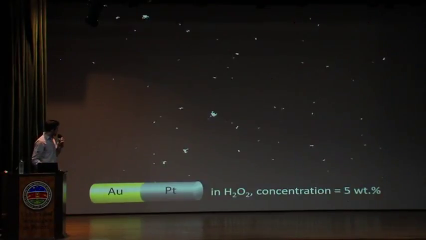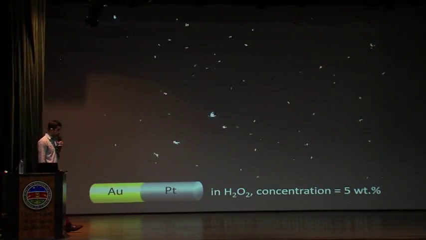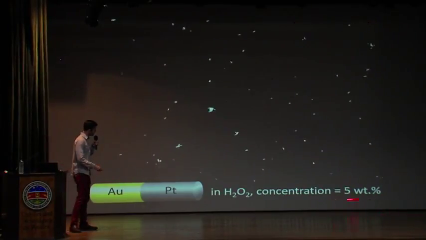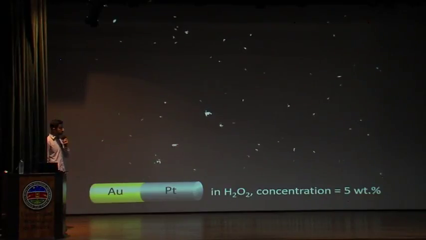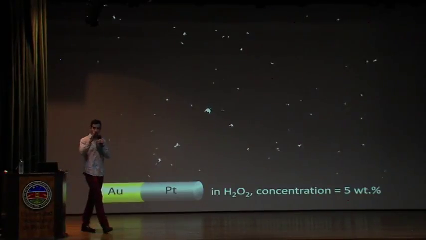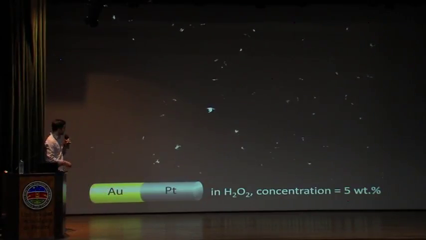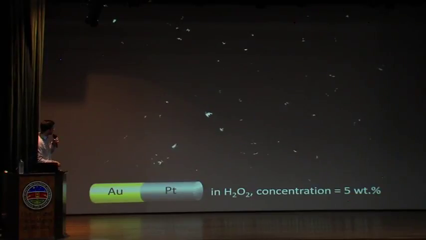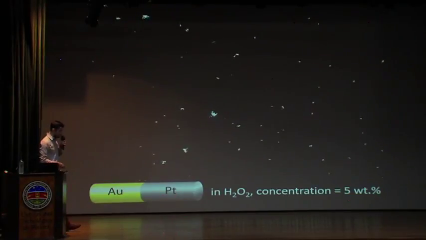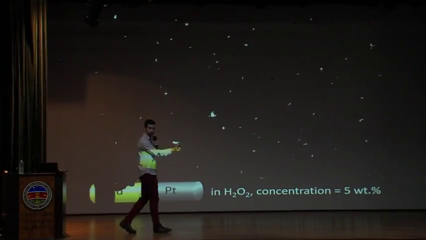But now, let's see what happens when I add hydrogen peroxide to the solution. Here we have about 5% peroxide, and we see this swimming motion in addition to the random Brownian motion. You can't really see it from this video, but one interesting thing is that whenever they swim, the platinum end is always forward.